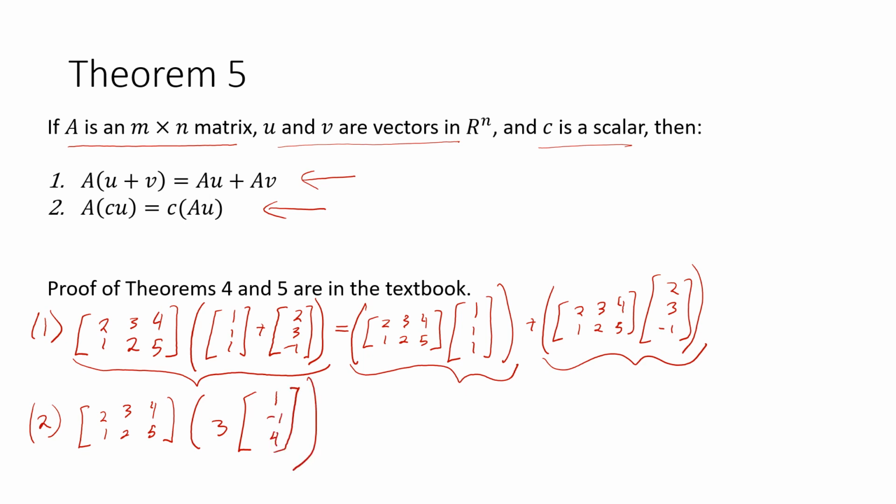So for instance, it's something like our same matrix here times the number 3 times a vector. If you want to solve that out, you can multiply 3 times your vector, you get 3, negative 3, 12, and then multiply that by your matrix. This second statement in the theorem says you can essentially take this constant and move it outside, and instead do your matrix multiplication first.